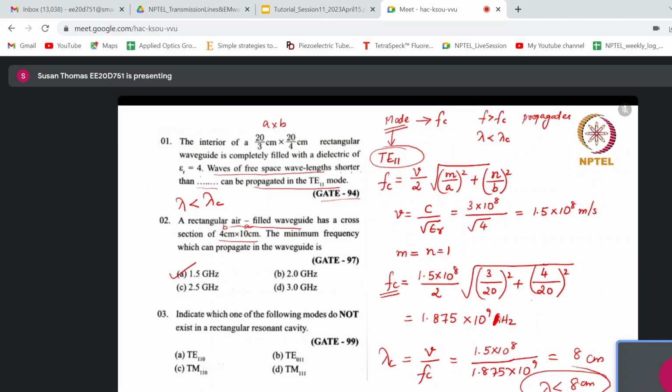In case of a rectangular resonator, TE110 does not exist because the lowest value of the last subscript, that is the P in MNP, is 0. For a TE mode to exist, that last number should be 1. So TE110 is the mode which does not exist in case of a rectangular cavity resonator.